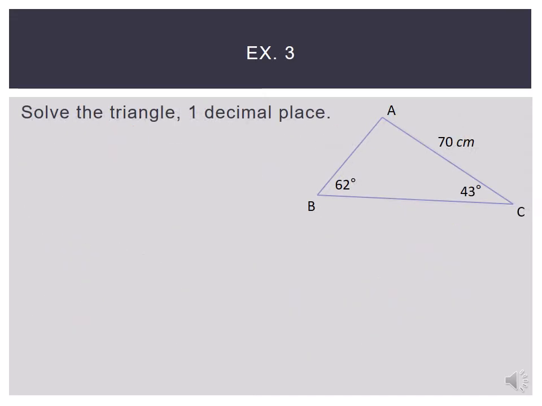Our third example, we saw this yesterday, solve. And solve with triangles means find everything. I don't see the little box for 90, so that means we're not using SOHCAHTOA or Pythagorean theorem. So take a second, pause it, copy down your triangle. Label your sides with the small letters.